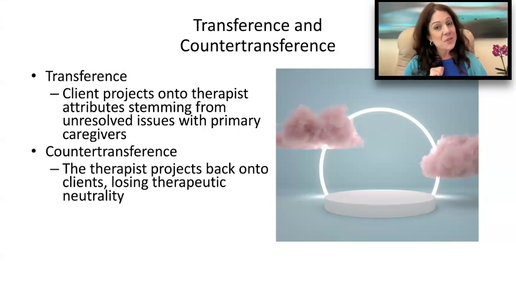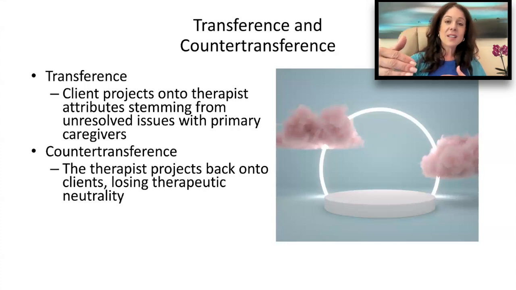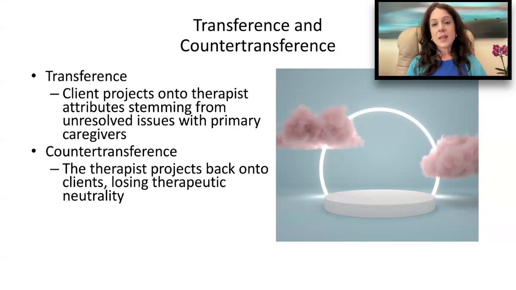However, there is also countertransference. Countertransference is when we, the professional, are projecting onto our clients our narratives, our values, and we lose therapeutic neutrality. Oftentimes this is where I've seen this trip people up the most: with clients who are similar to them.